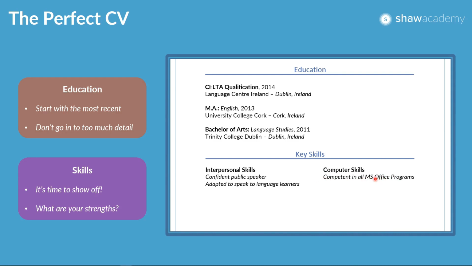You can use all Microsoft Office programs without problems. You're competent in all of them. Next up, proficient in the use of Photoshop. Now, proficient means you're very good, okay? You're excellent. Proficient in the use of Photoshop. You excel. And that's true. I've taken the Photoshop and the advanced Photoshop courses here in Shaw Academy, so I am proficient in the use of Photoshop.